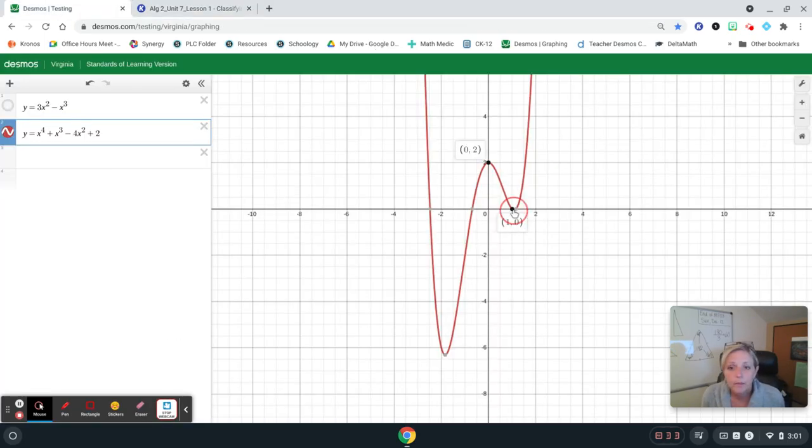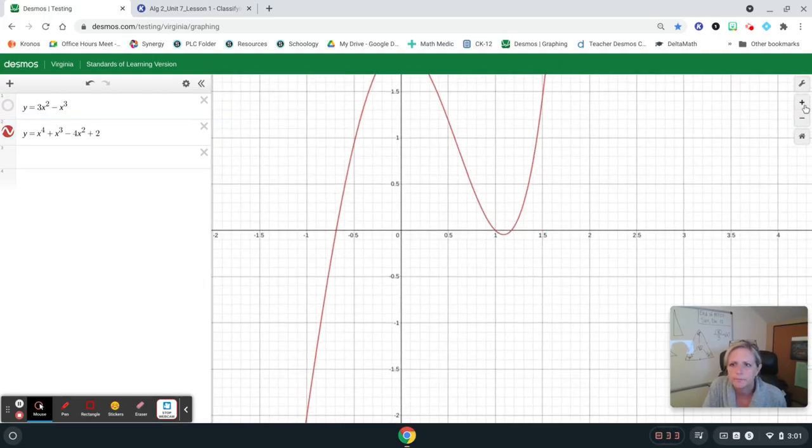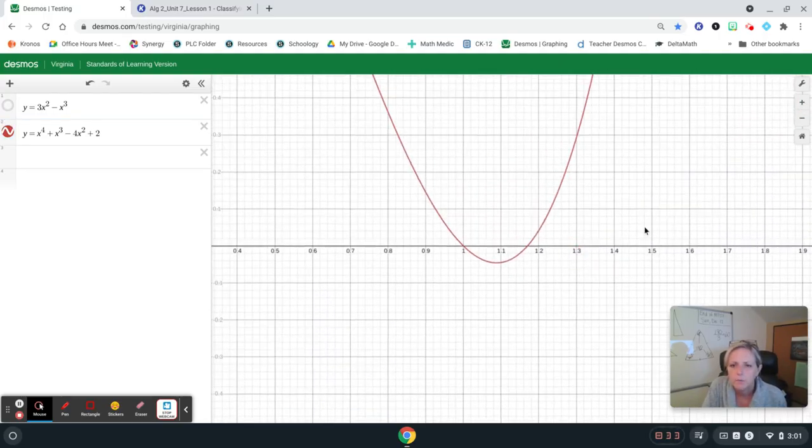And then we have another relative minimum. Notice I have a couple different dots here. So let's zoom in and see what is going on right here. Aha. As we get closer, we can see we actually have a couple x-intercepts here, and my minimum is actually down here.